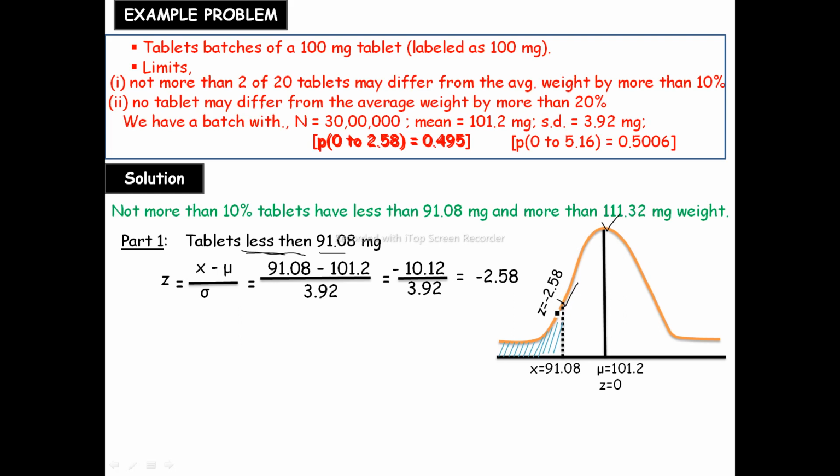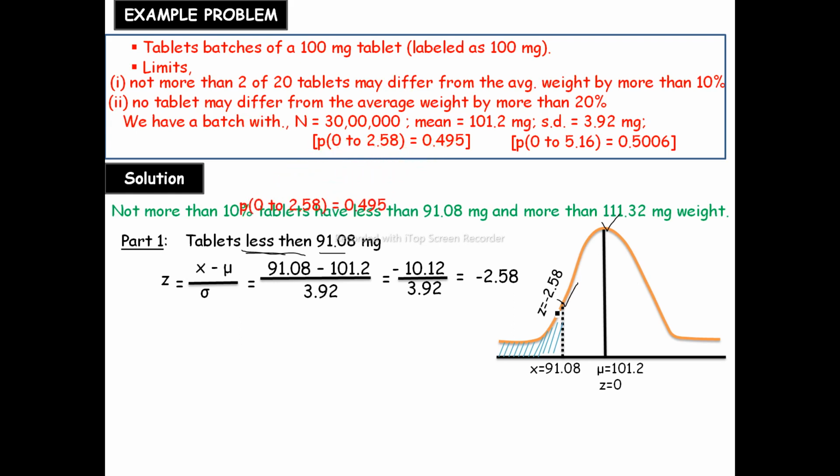Minus means it is on the negative side. If it is plus 2.58, it will come to the right hand side of the mean. Minus denotes that the value comes at the left hand side, so the area should be considered to be at the left hand side of the mean.